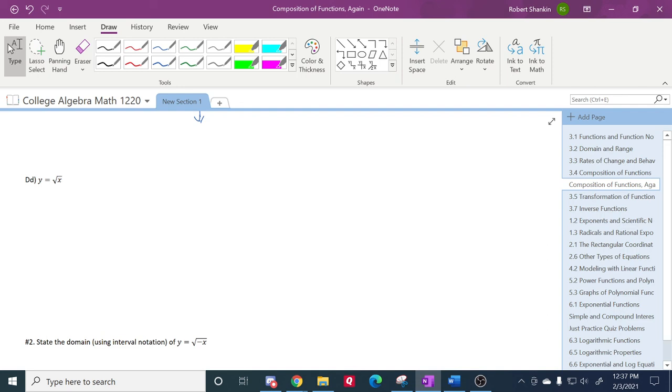And then do number 2, state the domain in interval notation of that function. I'll give you 30 seconds more.